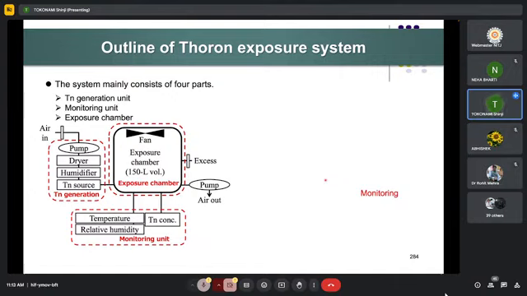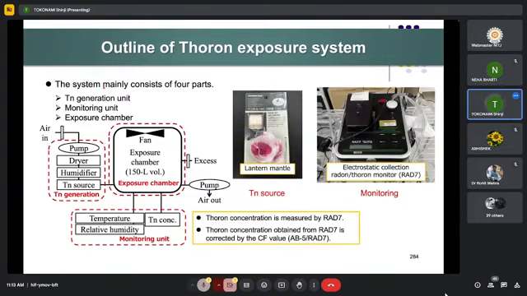Then I'll show you the outline of the thoron exposure system. The system mainly consists of 4 parts: thoron generation unit, monitoring unit as the same as radon, and exposure chamber.